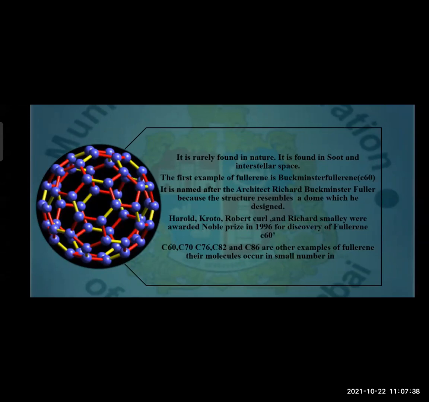See all those blue dots, they are carbon atoms. And those red and yellow ones are the bonds, covalent bonds, single bonds. So this is the structure of fullerene.